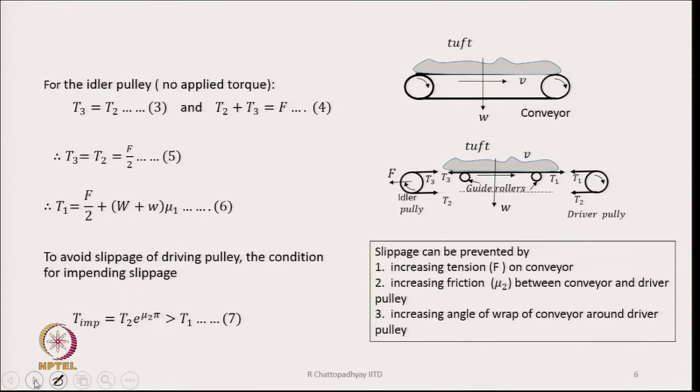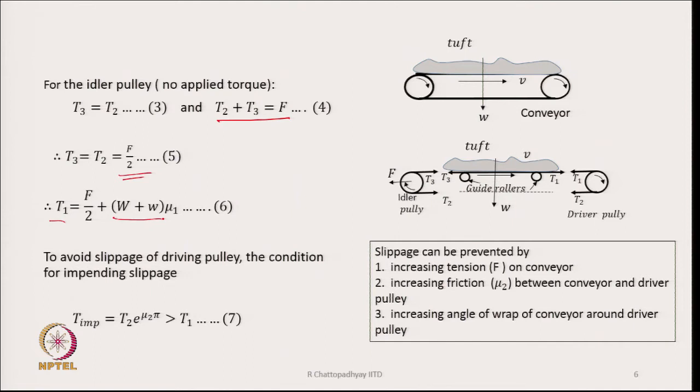T3 is always equal to T2 and the summation of T2 and T3 is going to be F, that is the pull that we exert on the idler pulley, and hence T3 and T2 is going to be F by 2. So, now we can find out how much is T1 from the previous equation. T1 becomes F by 2 plus (W plus small w) into mu 1, that is the tension T1 that will be.